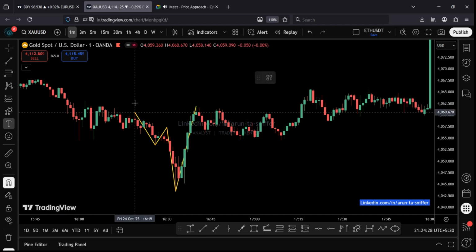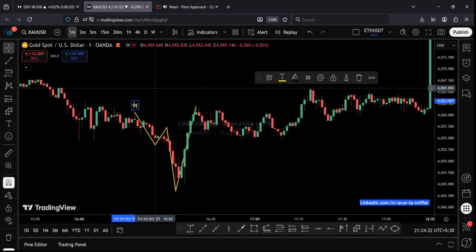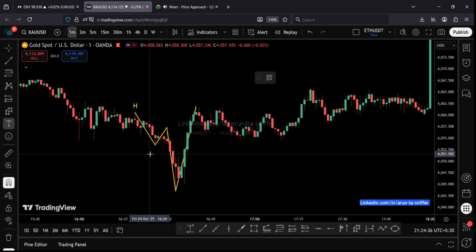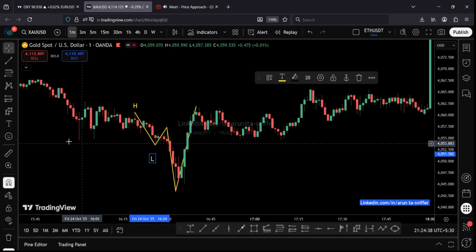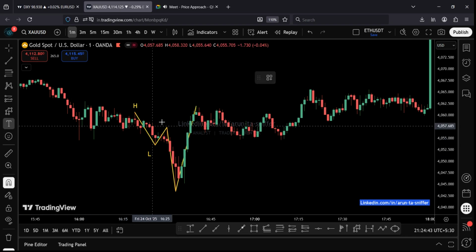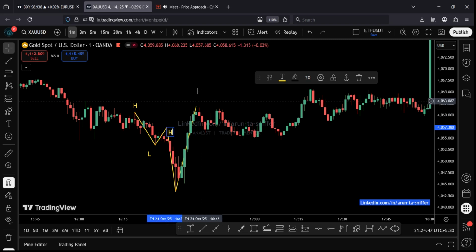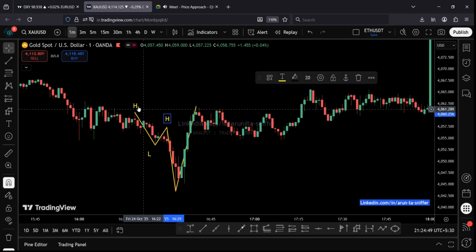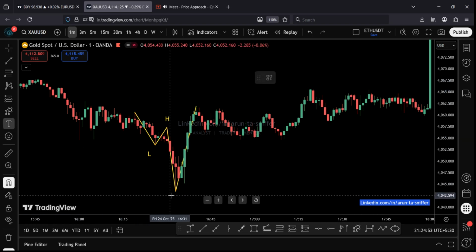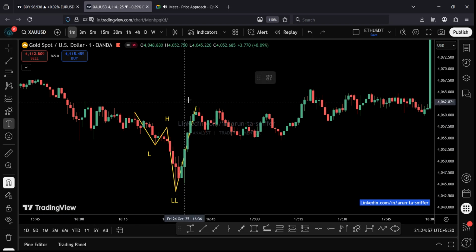We have high, then low, then high, let's remove this, then lower low, and then higher high.